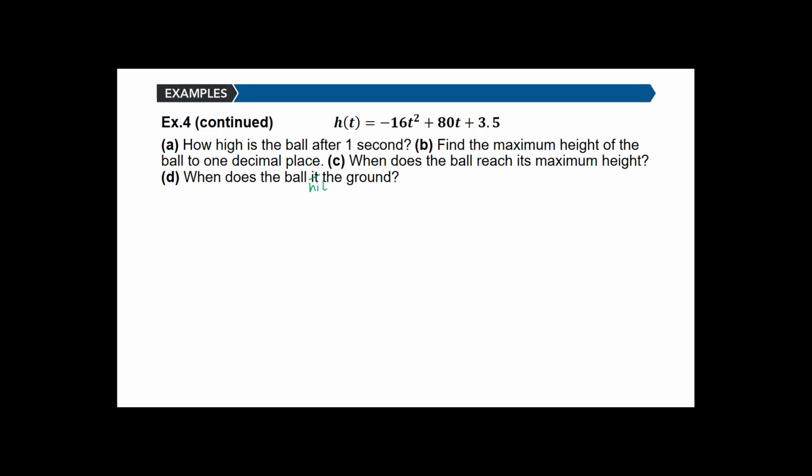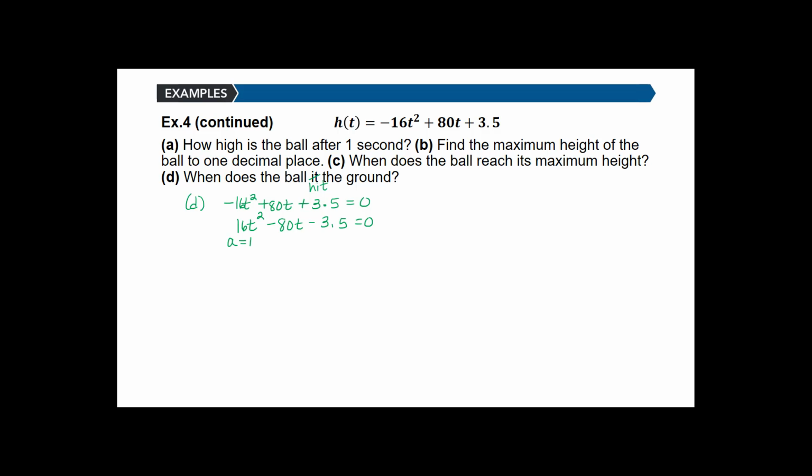Well, it hits the ground when the height is 0. So we have to solve this equation. To answer part D, we have to set our function negative 16t squared plus 80t plus 3.5 equal to 0. So we could multiply through by negative 1 to get rid of the negative on the square term to get 16t squared minus 80t minus 3.5 is equal to 0.